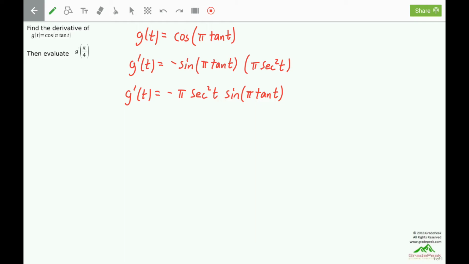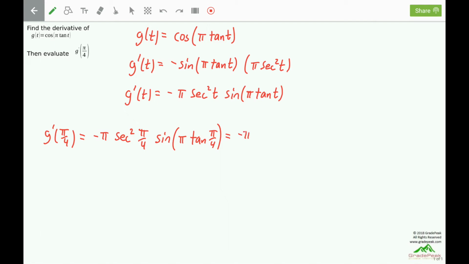The next thing to do is evaluate g prime of pi over 4. So g prime of pi over 4 means to plug a pi over 4 in for each of the t's, and we have negative pi secant squared of pi over 4, and then multiply that with the sine of pi times the tangent of pi over 4.